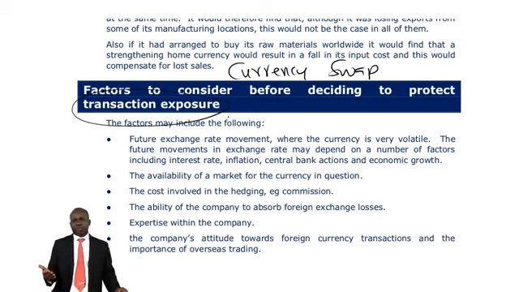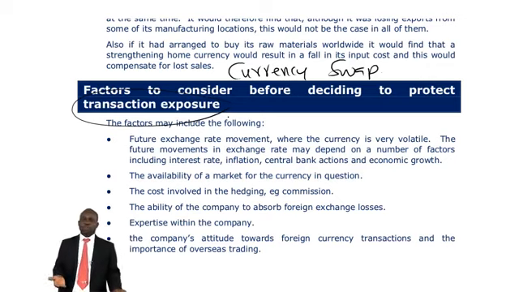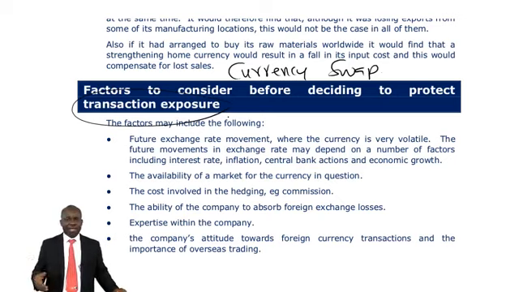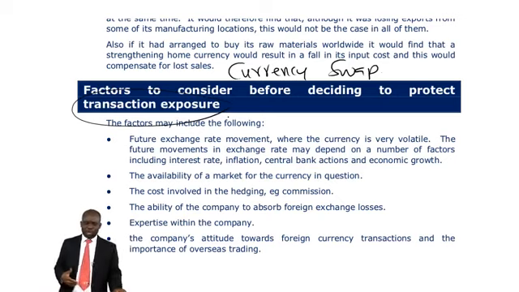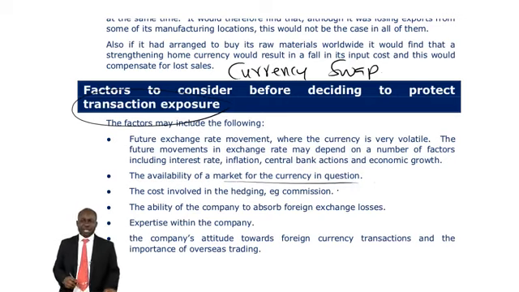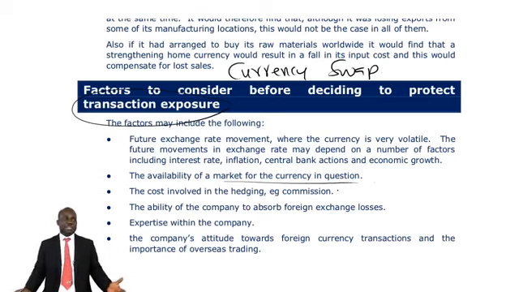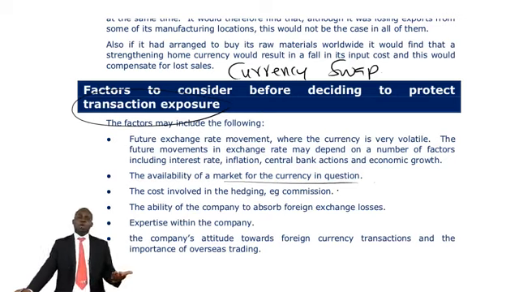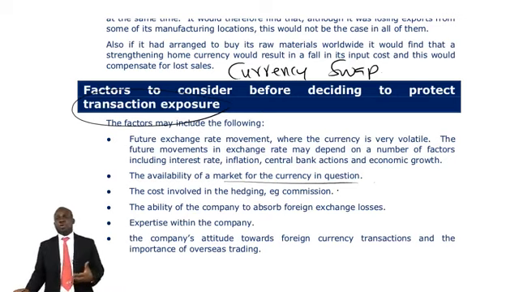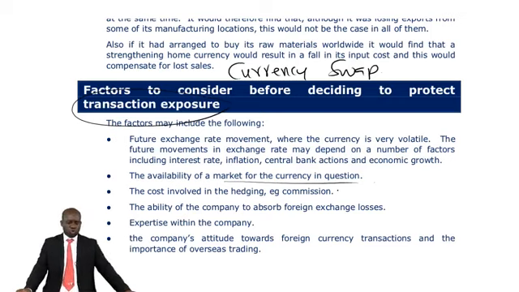When you have to hedge, you also have to use a hedging instrument, and some of these currencies haven't got a market for such hedging instruments. So look at the availability of the market for the currency in question. You also have to look at the cost involved in hedging. If the cost of hedging is more than the benefit of hedging, then obviously it is better that you do not hedge.